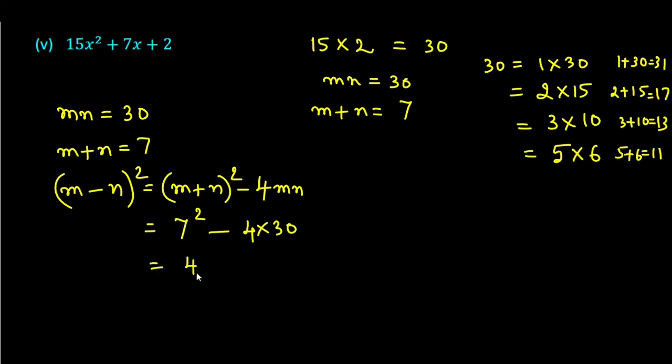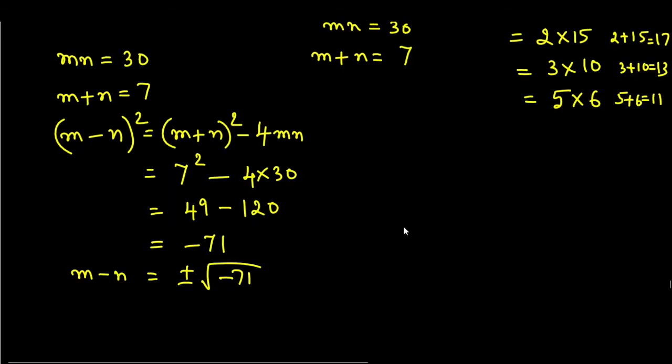This is 49 − 120, which is −71. So m − n is ±√71. So we are not going to obtain real terms in the linear polynomial factors.